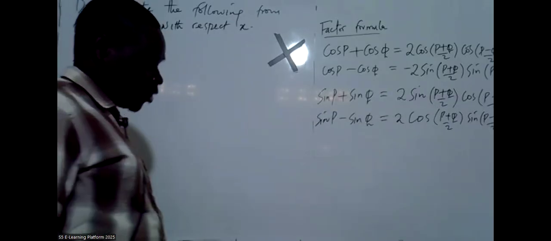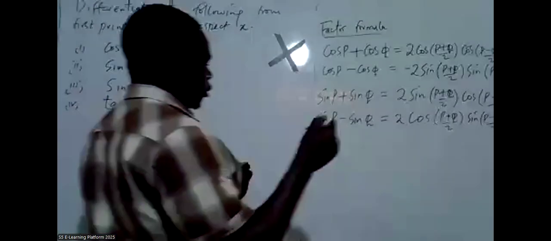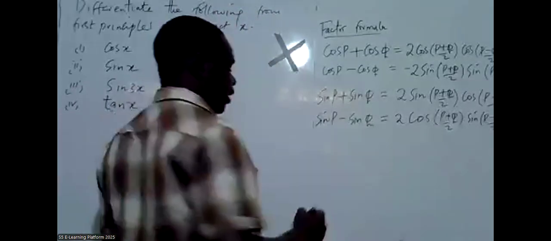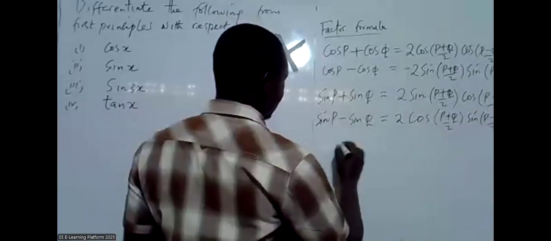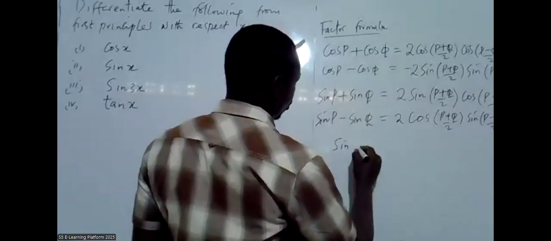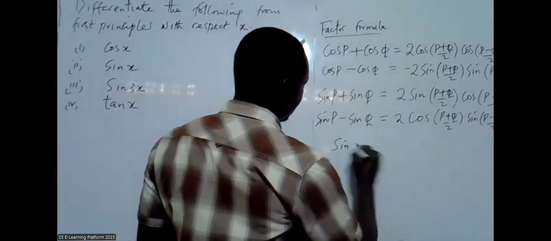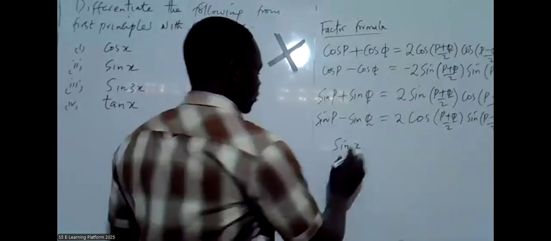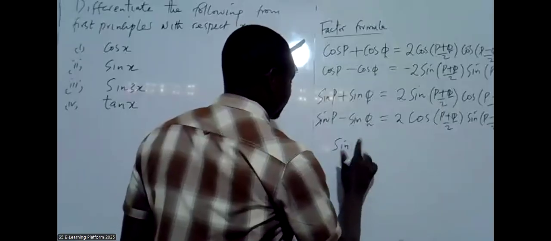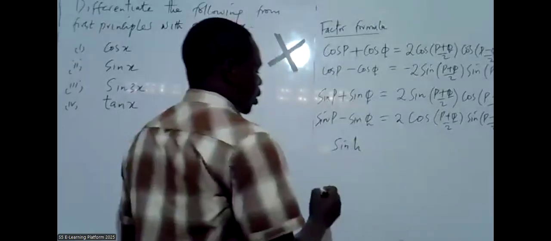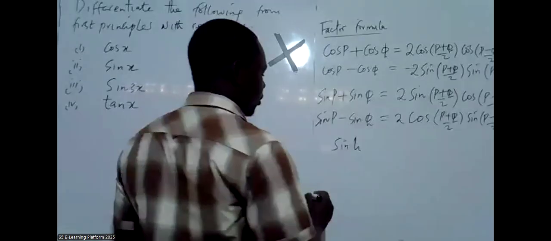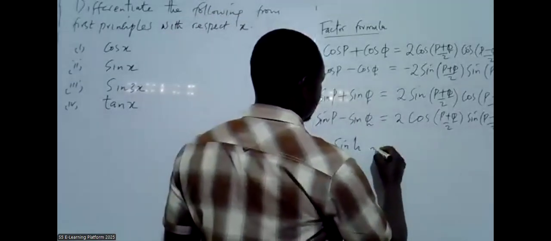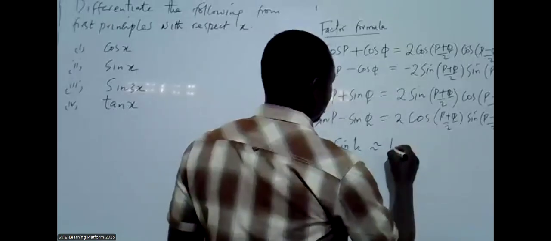Now, if x is measured in radians, you'll also recall our approximations that we had, that sine of an angle, if that angle is very small, let's use a small angle, h. If h is a small angle measured in radians, then sine h is approximately equal to h.